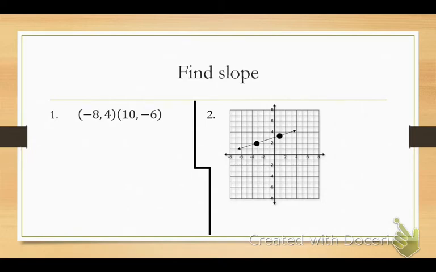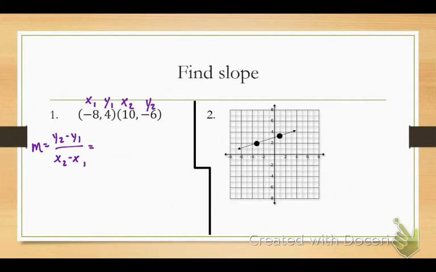If you have ordered pairs, say the formula with me: m equals y2 minus y1 over x2 minus x1. Let's say the sequence together: x1, y1, x2, y2. Now plug in your numbers and finish solving.